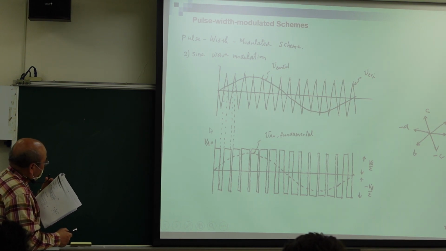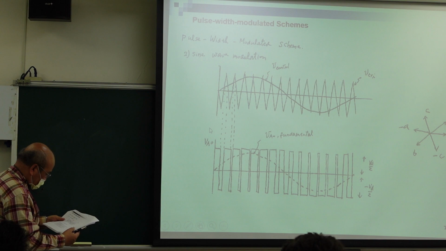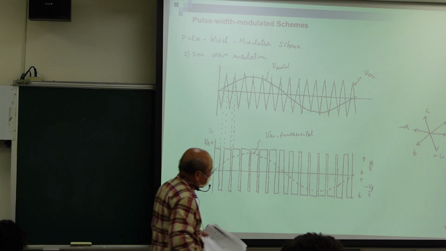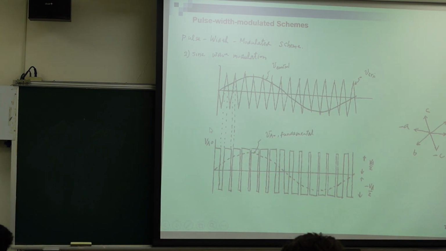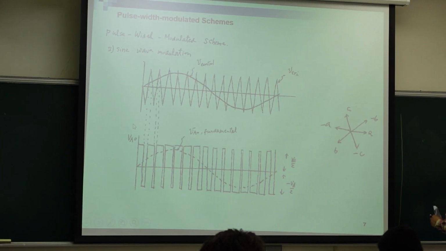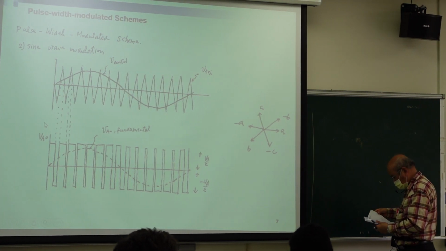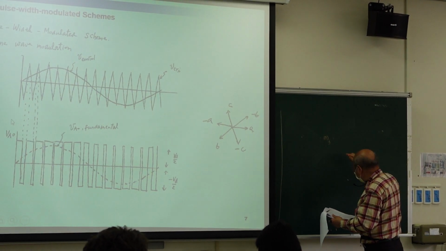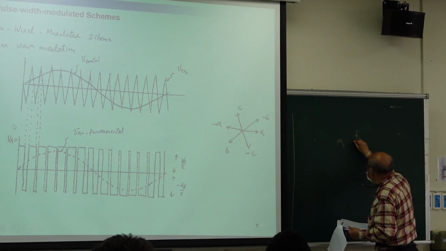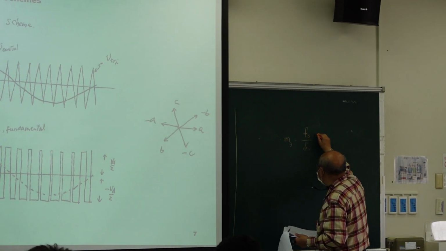And we have an index. The index is MF, to compare the frequency ratio. So MF is equal to Fs divided by F1.